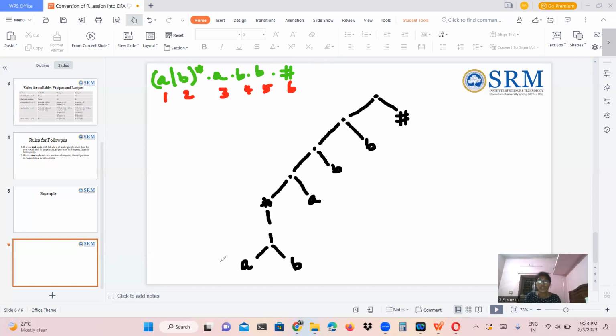So I'm going to write the first and last position of a leaf node. This is a leaf node with some rule we are having, right? If you are having some values, I can take the first and last position of this node as the position. This is only the position of this symbol. So the position of this symbol is 1. So I can write here the first position is 1 and the last position, I can use one more color here, last position of A is 1.